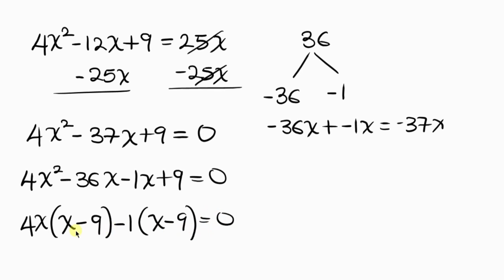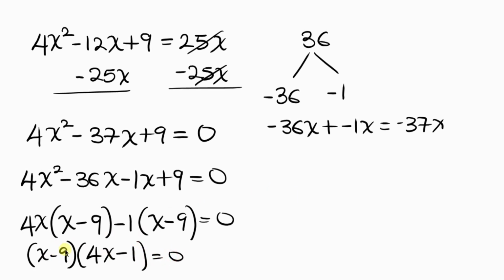Now, once again, you see that x minus 9 is common, so we can just factor x minus 9 out and open up a bracket. So 4x times x minus 9 divided by x minus 9, I have 4x. Minus 1 times x minus 9 divided by x minus 9 gives 1. And this is equal to 0.